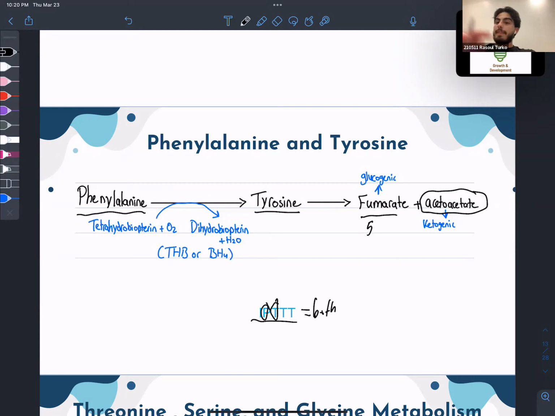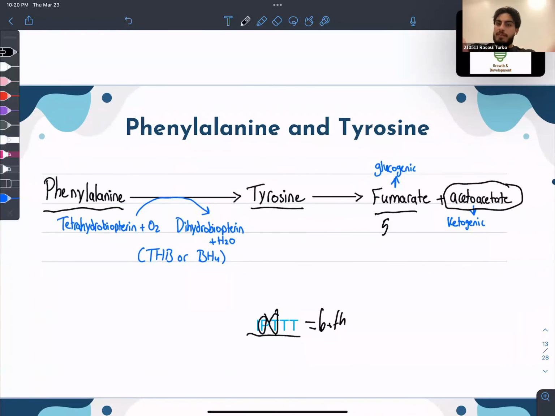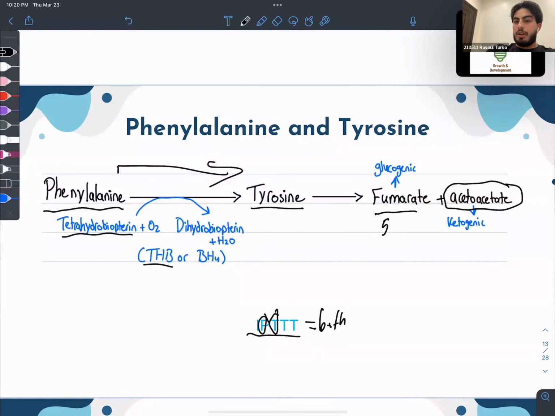What's important here, and you will talk about it later, is that the reaction from phenylalanine to tyrosine requires a cofactor, which is tetrahydrobiopterin. I wrote that in 3 different forms: tetrahydrobiopterin, THB, and BH4, so you will know in the exam.